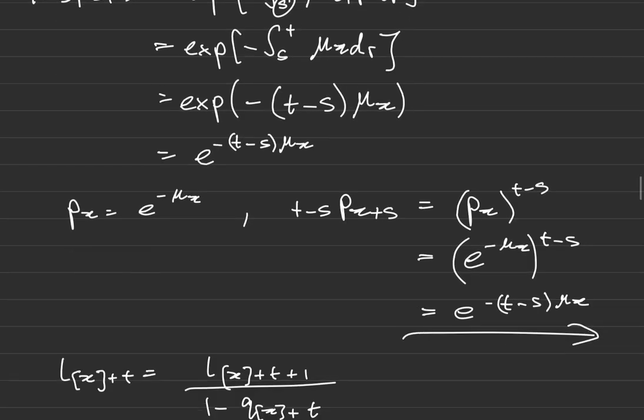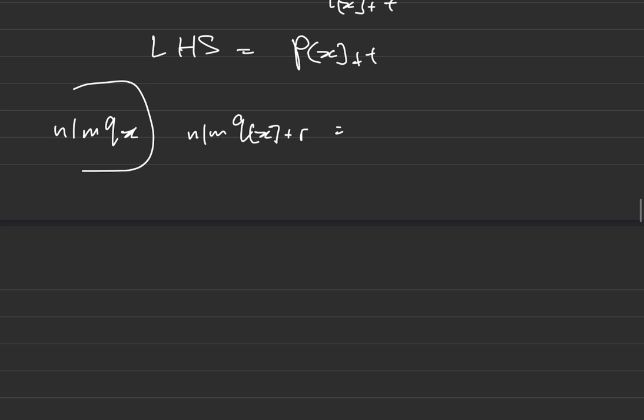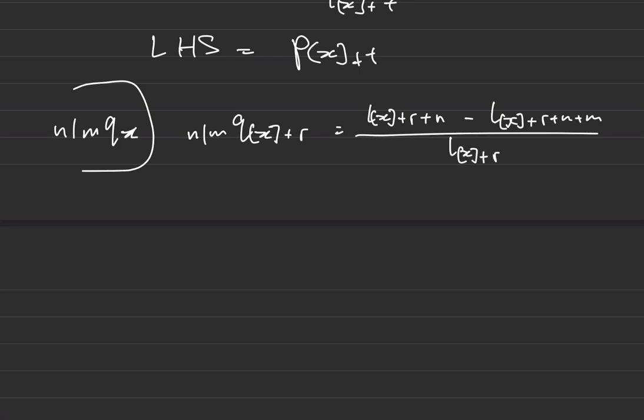So don't get stressed out when you see select mortality in a question. It's not actually as complicated as you think. So this is literally just going to be Lx plus r plus n minus Lx plus r plus n plus m all over Lx plus r. Okay, that's exactly the same. You can go rewind and you'll see.